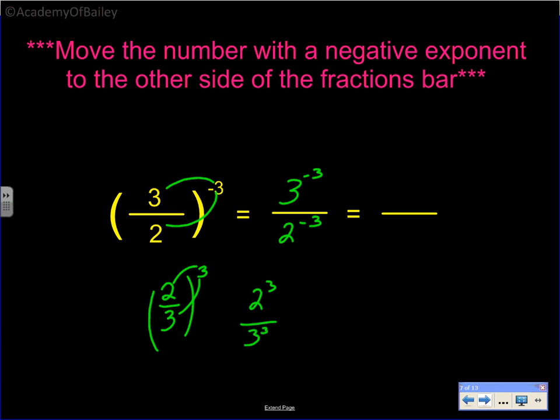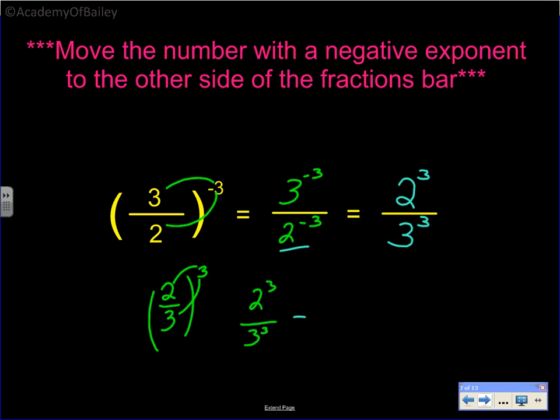Well, 3 has a negative 3 exponent, so 3 comes down below, and the exponent becomes positive. 2 has a negative 3 for an exponent, so 2 is on bottom, it goes to the top, and it has a positive 3 for an exponent now. When you move it, it becomes positive.